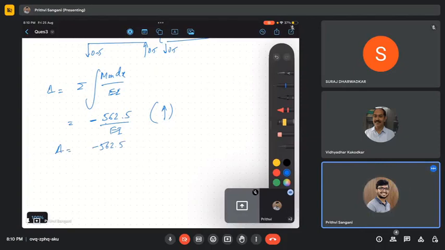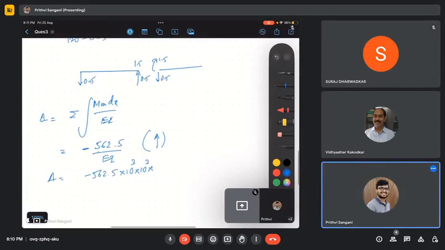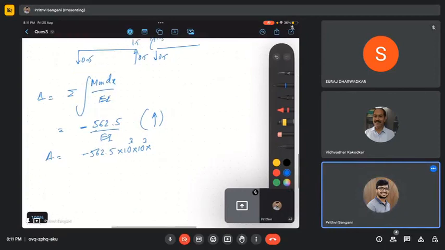The moment I have taken as kilonewton meter. So let us write it as Newton and also meter as mm. And dx we have again, that is also meter. So we have dx times x.